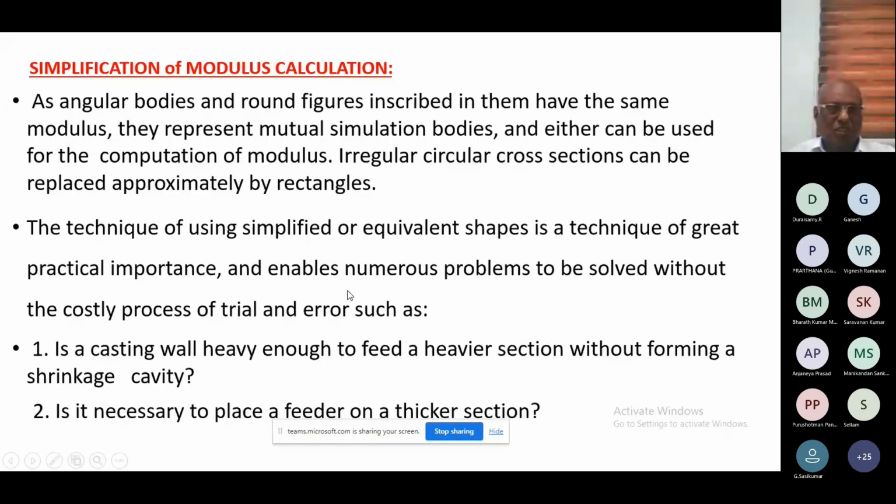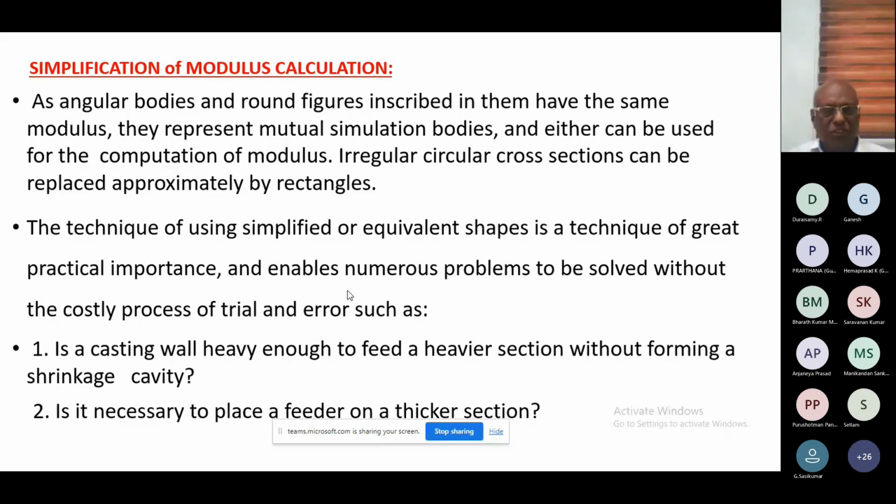Simplification of modulus calculation. As angular bodies and round figures inscribed in them have the same modulus, they represent mutual simulation bodies and either can be used for computation of modulus. Irregular cross sections can be replaced approximately by rectangles.